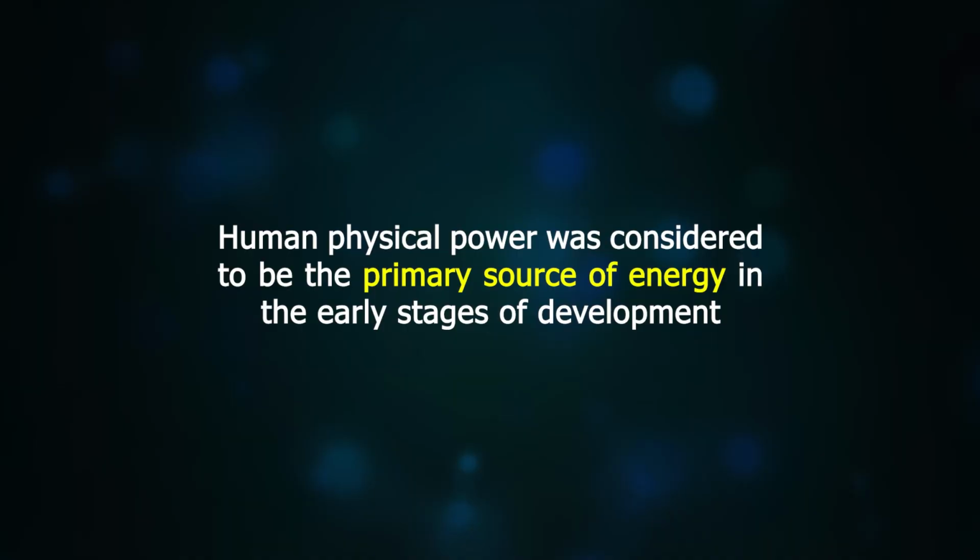Humans have relied on animate sources of energy for a very long time in history, except for the energy produced by the sun. Human physical power was considered to be the primary source of energy in the early stages of development.